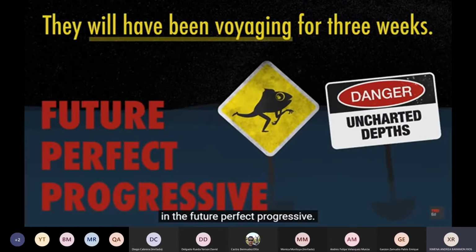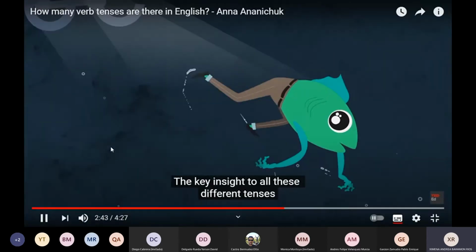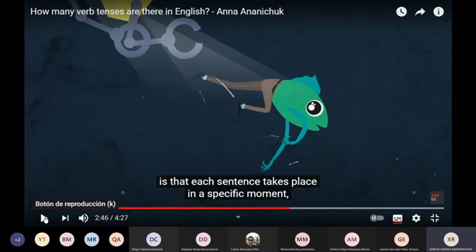The key insight to all these different tenses is that each sentence takes place in a specific moment. I want you to take a look at the idea that is presented over here. Notice that the key, the clue, la clave, la seña, como la idea aquí, is that each sentence takes place in a specific moment.